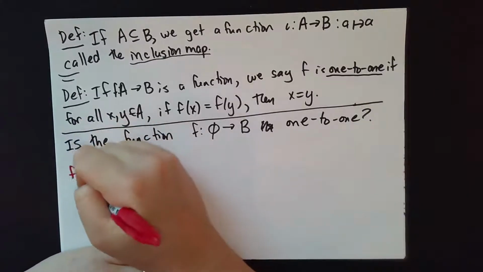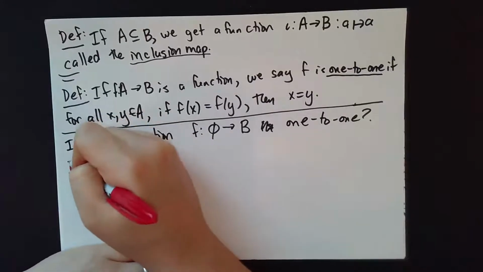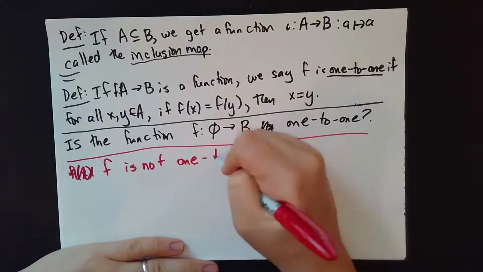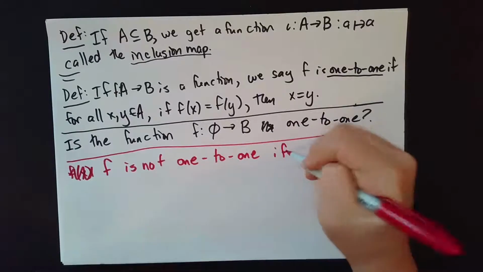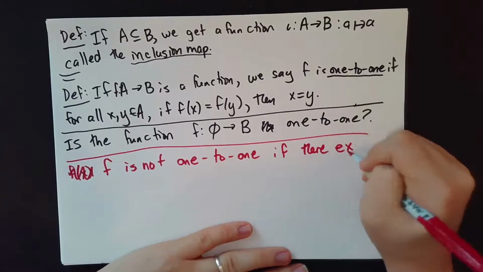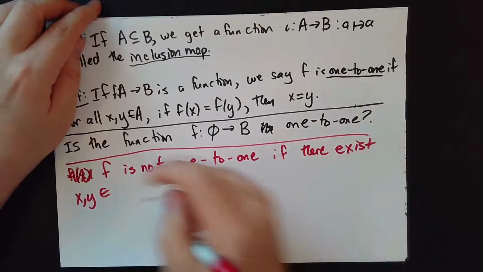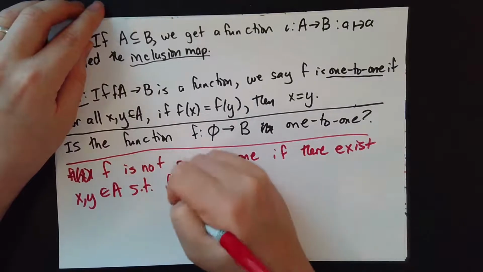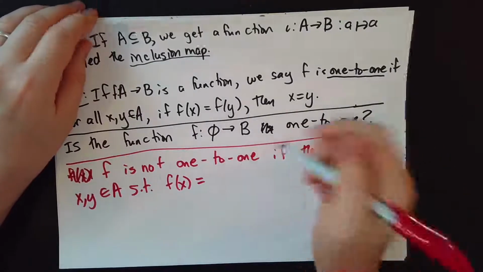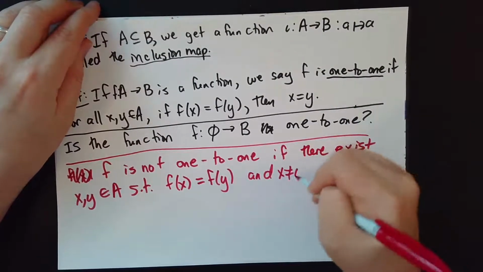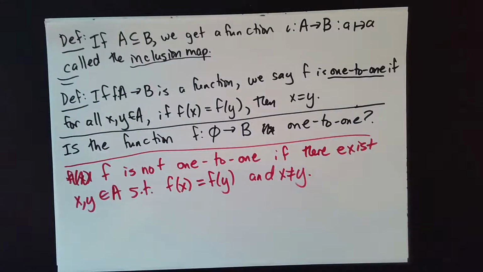So f, I should say, is not 1 to 1 if there exist x and y in A such that f of x equals f of y and x is not equal to y. I should say f from A to B.